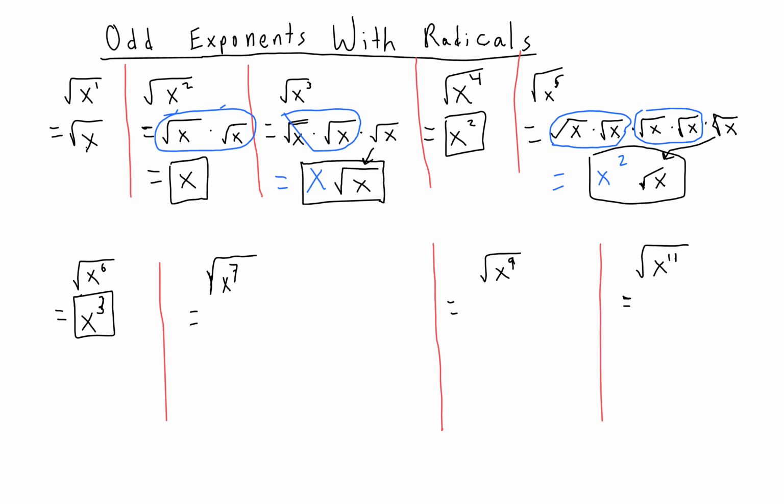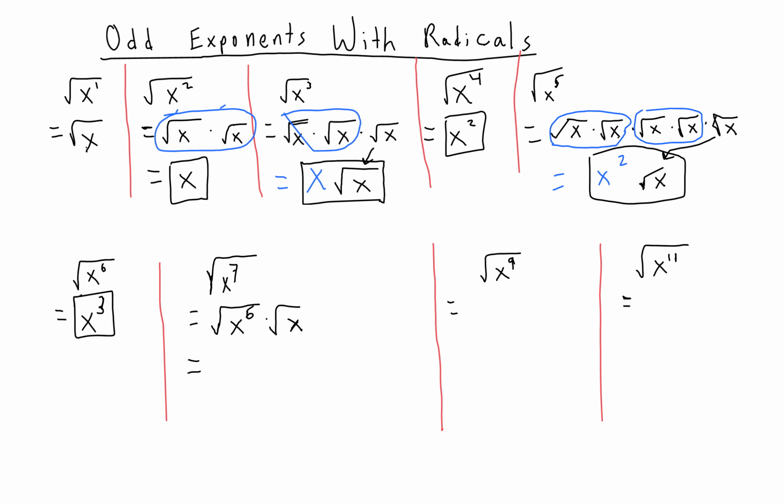So let me write this out a different way, because writing out 7 or 9 or 11 root x's is going to get pretty tedious. Let's just say, since we know that we're going to have only one odd x left out, well, the other 6 will have somebody to pair with. Then there will be an odd x left out.